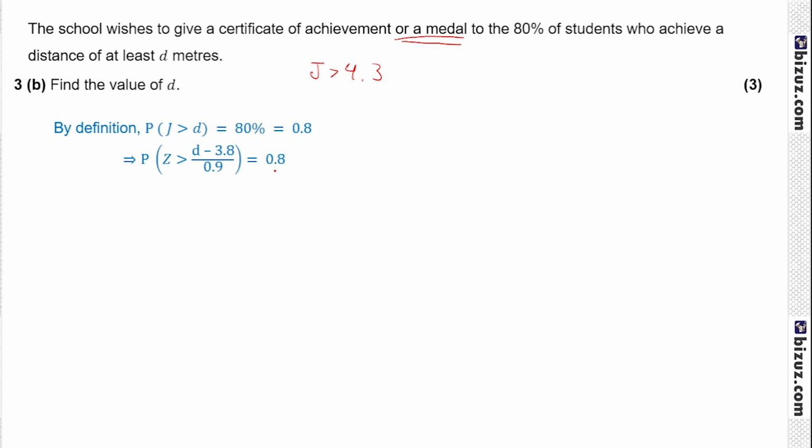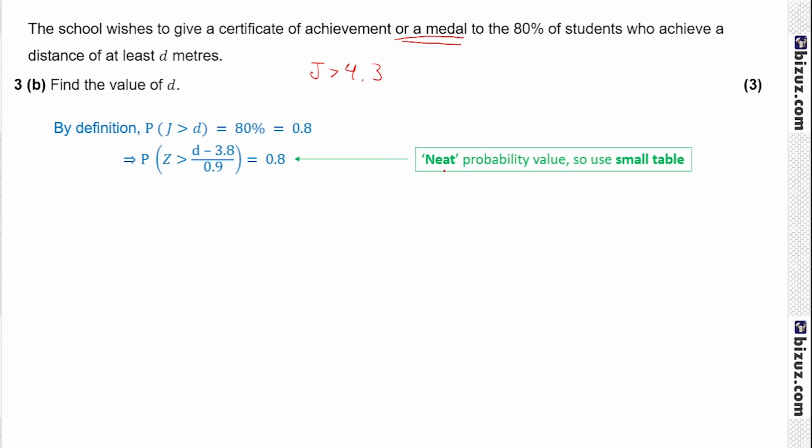Now, you might think that we can proceed in the same way as before, just convert this to 1 minus the probability of Z less than this value, then use our large table. However, this probability value and values like this, which are like 0.1 or 0.15 or 0.8 or 0.7, I like to call these neat probability values, although that's not a mathematically rigorous term.